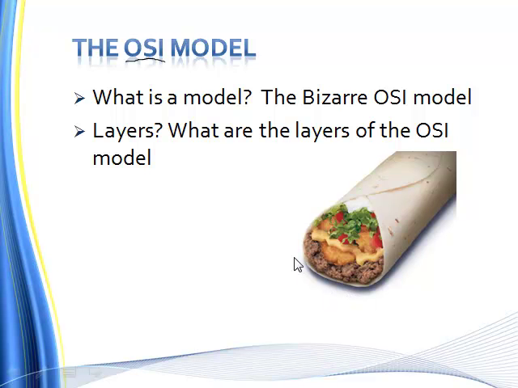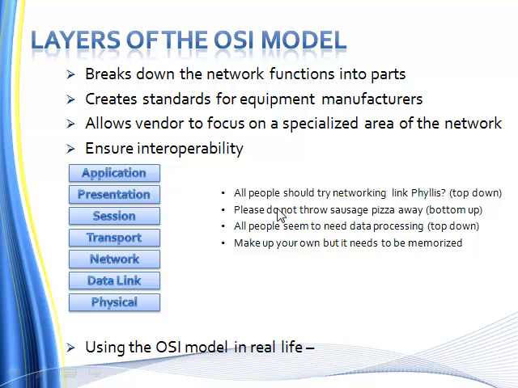And really, it's kind of funny because the layers of the OSI model aren't too different from this 7-layer burrito, because there are 7 layers, and each layer describes a part of the physical network and how it all lays on top of each other and interrelates. So really quick, let's start breaking this down.